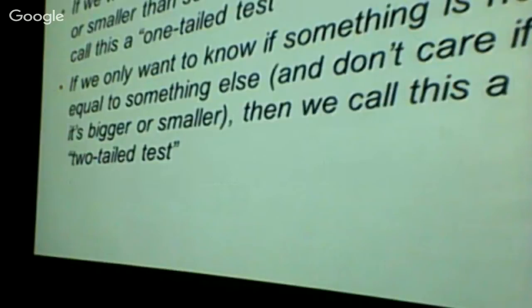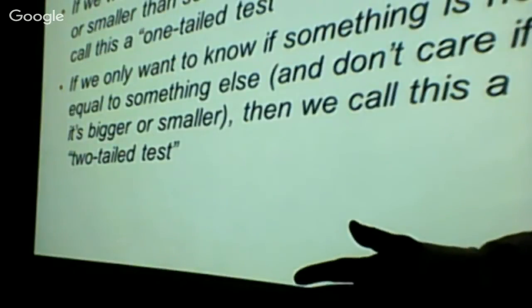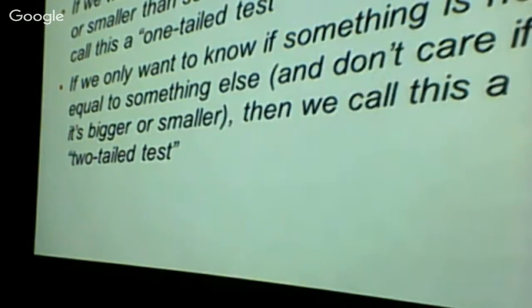Okay, so directionality. This is two-tailed and one-tailed stuff. So if we want to know if one thing is bigger than another, or if this drug makes you better than that drug, that has direction associated with it. If we don't care if it makes it better or worse, just that it's different, that has no direction to it. So if we don't care about direction, we call that a two-tailed test.